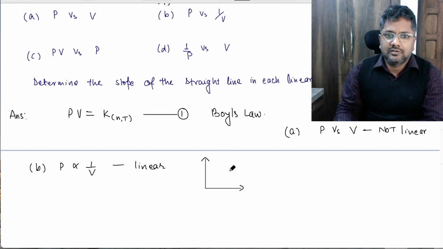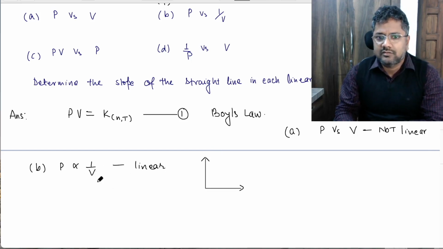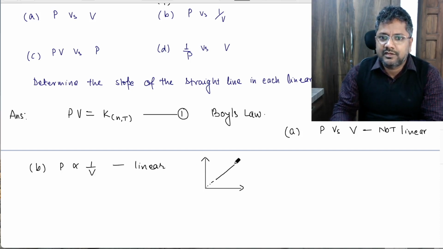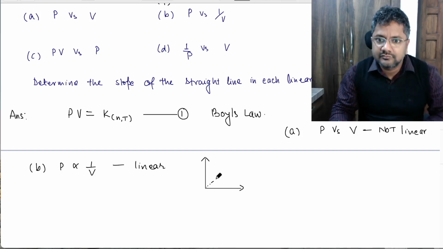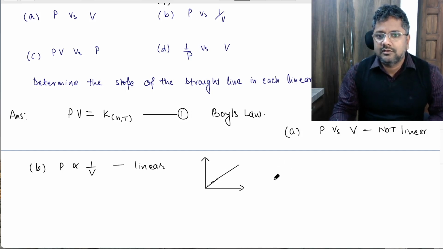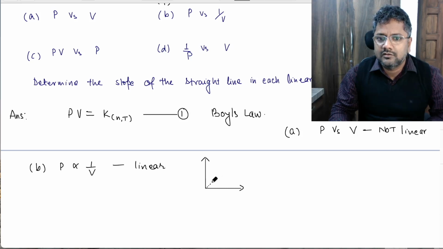So you can write P is equal to K by V, and the intercept is 0.